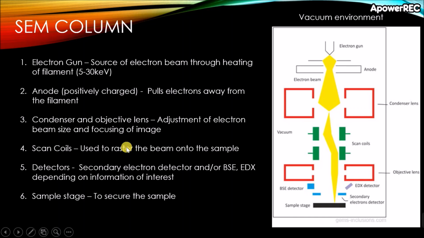The scan coils are used to raster the beam on the sample. The 3 common detectors that can be found in SEM are the secondary electron detector, the backscattered electron detector, and EDX. And finally, we have the sample stage. SEM is conducted in a vacuum environment to prevent scattering of the electrons.